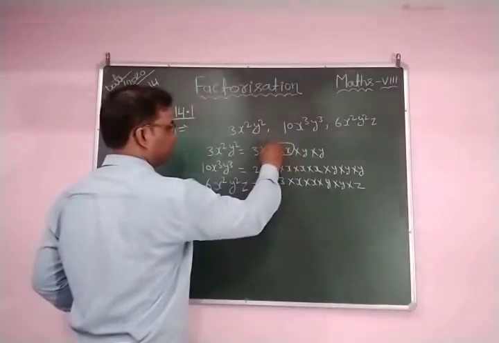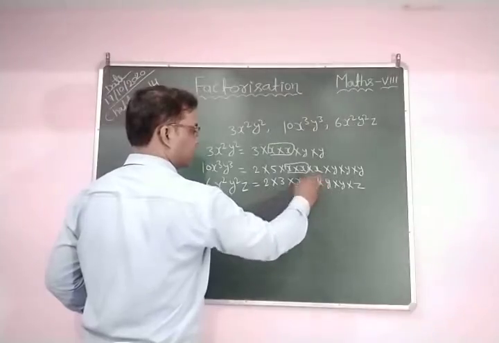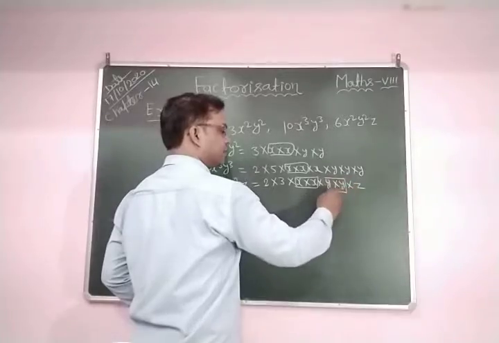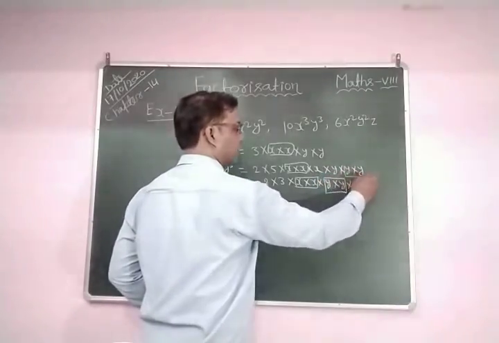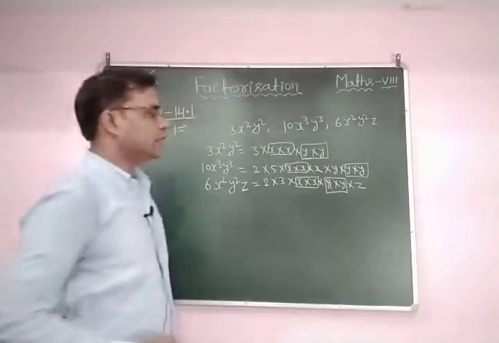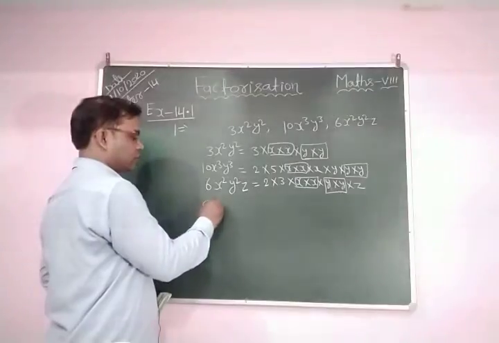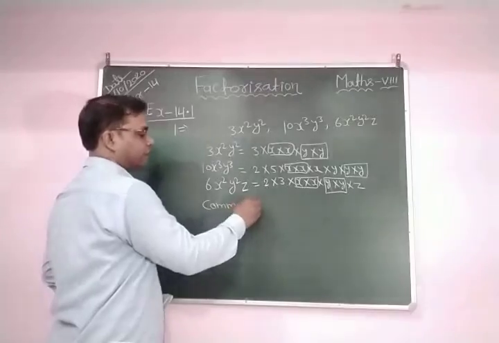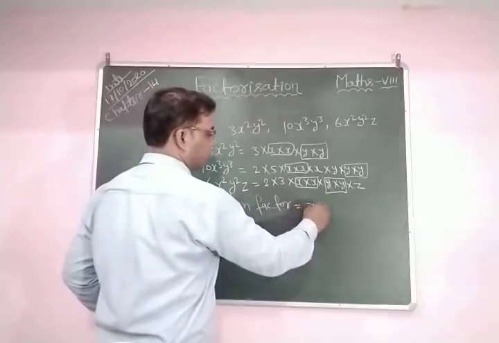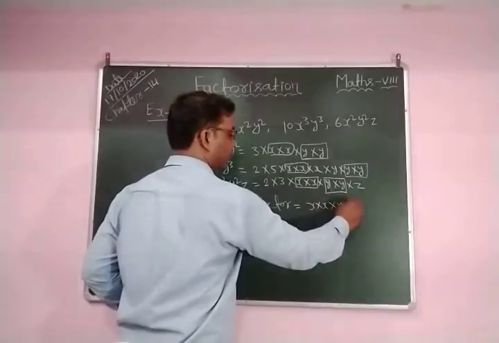Two x's, x into x, and y into y. So the common factor is x into x into y into y.